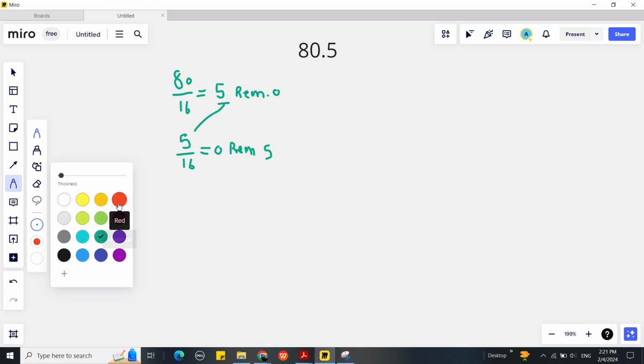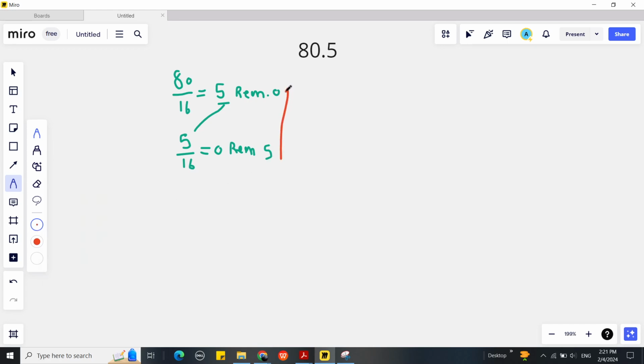Next, you write it from bottom to top, and you get 50. So this is my full hexa number. So 80 becomes 50.